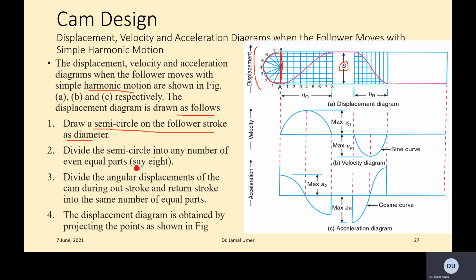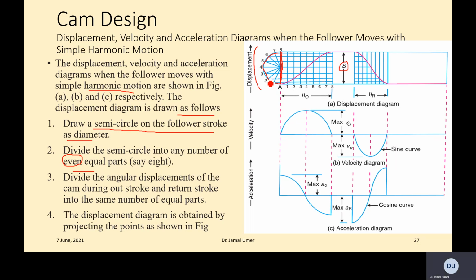Divide the semicircle into any number of even equal parts. We normally do even equal parts. For example, this one is being divided in 8. The whole angle covered is 360. So you divide in equal parts.